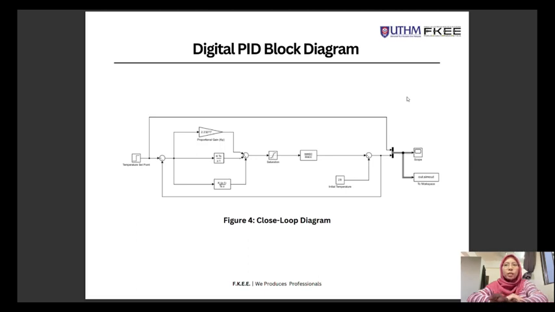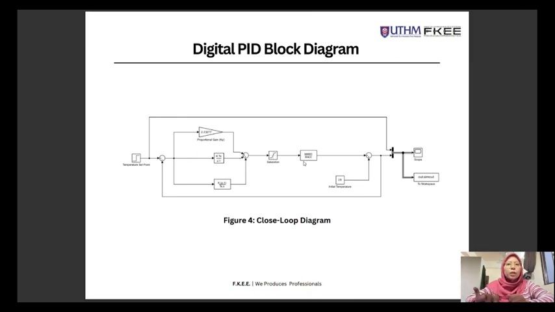As you can see here, we use the temperature set point, and this is KP, which is the proportional gain, and this one is KD, and this one is KI. After that, we put the saturation, and then we put the transfer function, but this one is a discrete transfer function.